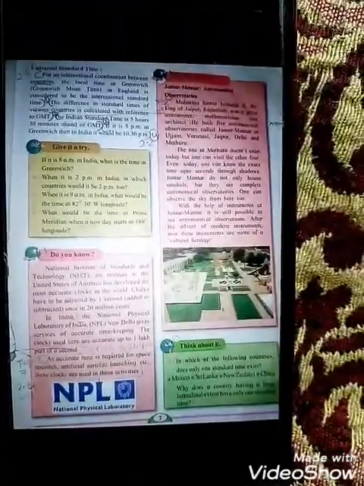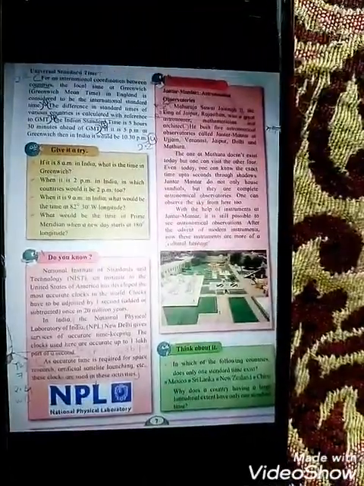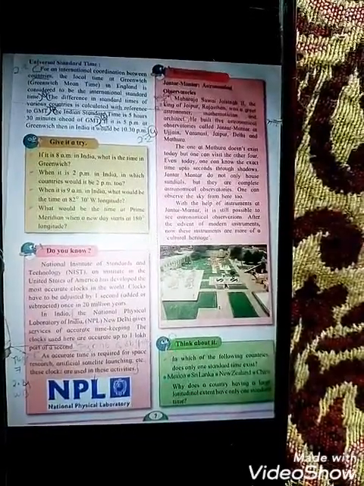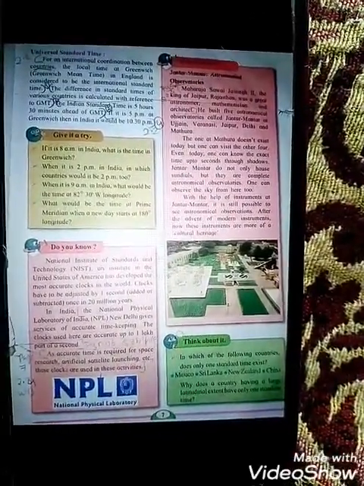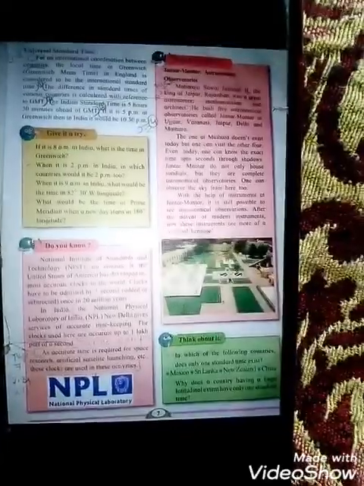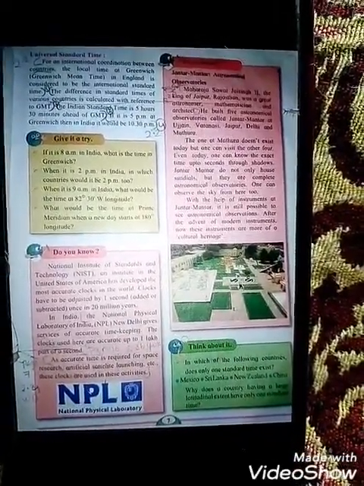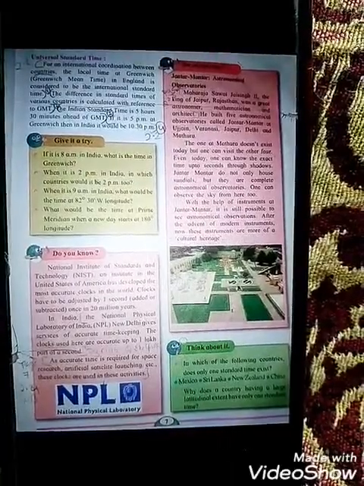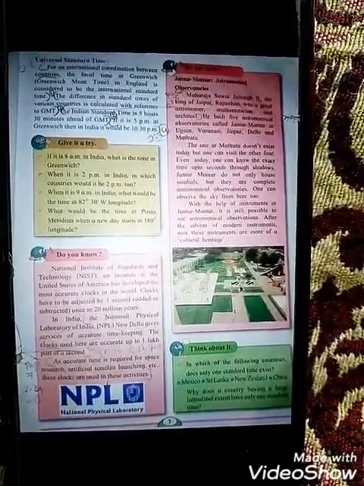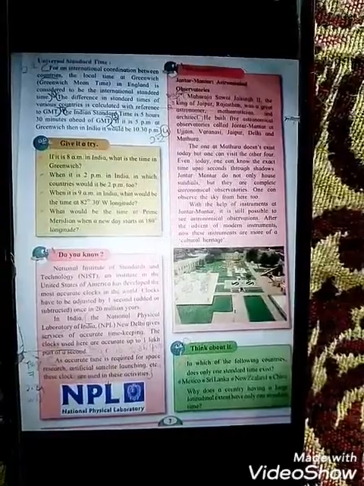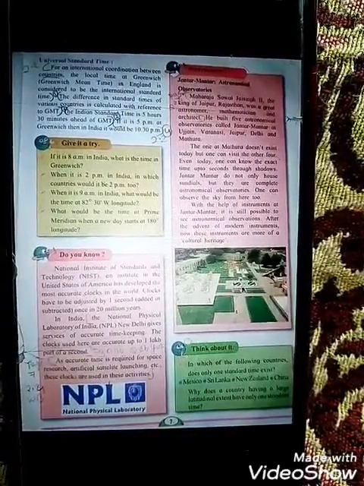Okay. Now see, students, do you know Jantar Mantar astronomical observatories? That is also very important in this. Maharaja Sawai Jai Singh II, the king of Jaipur, Rajasthan, was a great astronomer. That means he had so much knowledge. He was an astronomer, a mathematician, and an architect also.